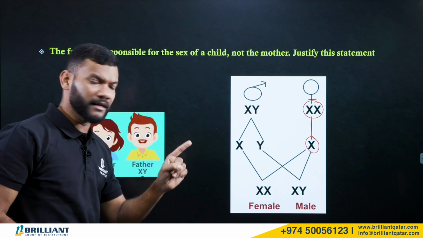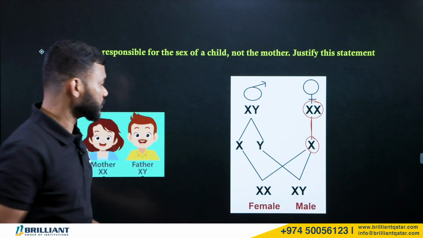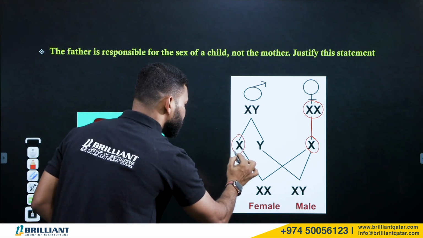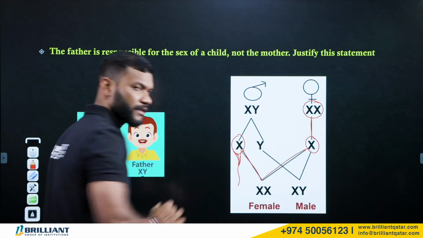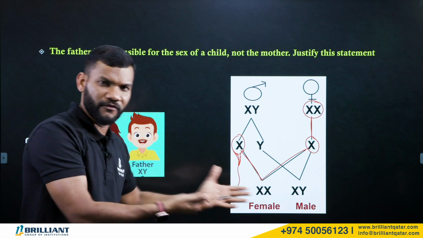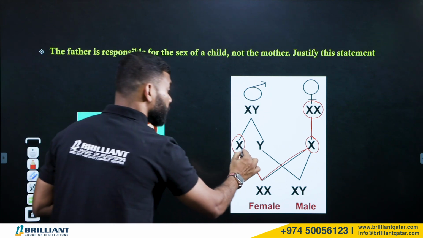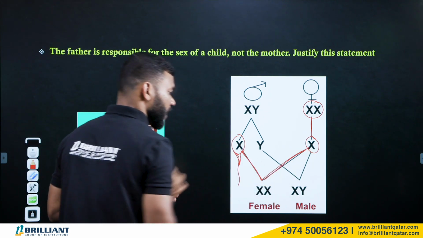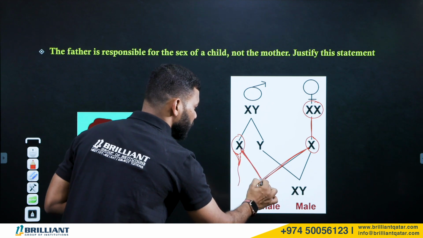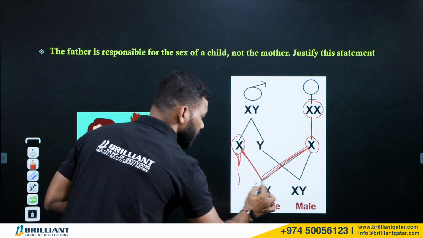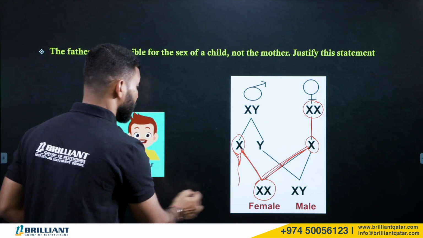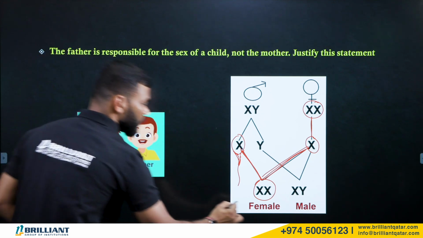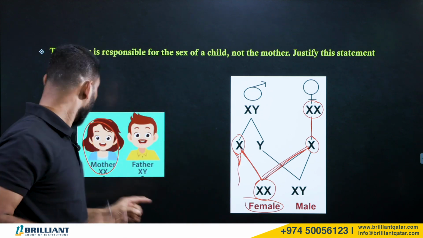Now who determines which sperm is going to fertilize? Suppose a sperm with the X chromosome is going to fertilize. Fertilize means fusion. Then the X from the sperm and the X from the egg form XX. XX means female, so a female will be produced.